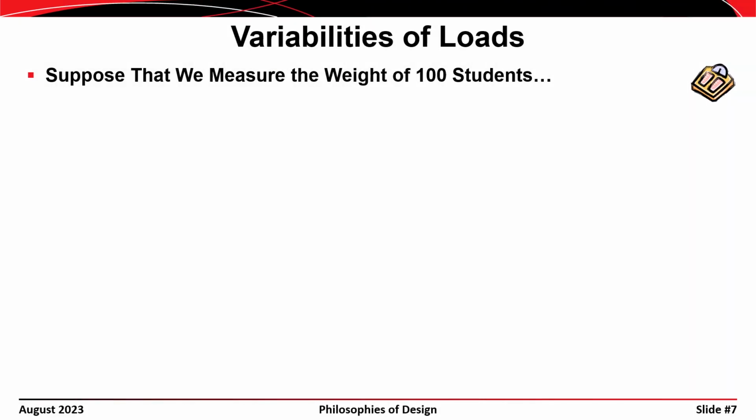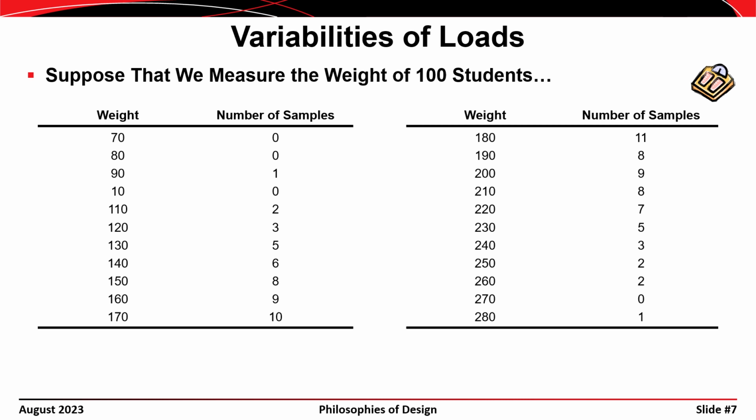Okay, to illustrate the principles of load and resistance factor design, let's take a sample set of data. Suppose that we take 100 students and we put them all on scales and we measure their weights. What we're going to do is bin the data that we get. So instead of recording everybody's weight out to 4 significant figures, we're just going to check the boxes like this.